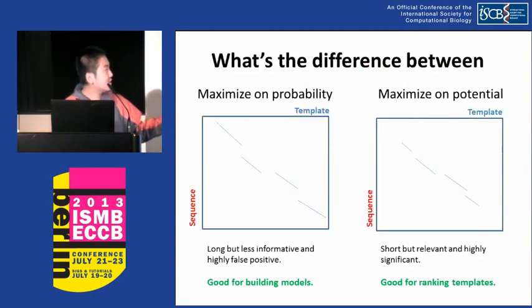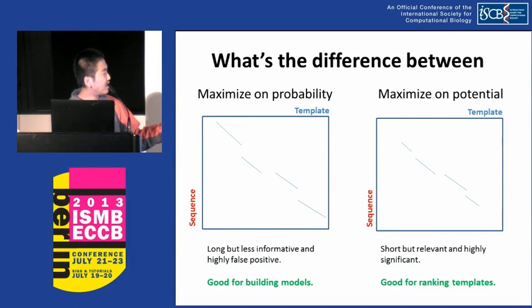So here is a slide for the differences between maximizing on probability and maximizing on the potentials. When we maximize on probabilities, we don't know the background, so we don't know whether the background is good or not at each position.